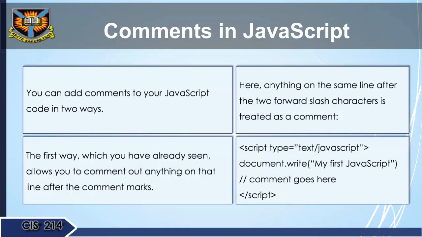Comments in JavaScript. You can add comments to your JavaScript code in two ways. The first way, which you have already seen, allows you to comment out anything on that line after the comment marks. Here, anything on the same line after the two / characters is treated as a comment. Script type is equal to text/JavaScript document.write, my first JavaScript, // comment goes here, /script.